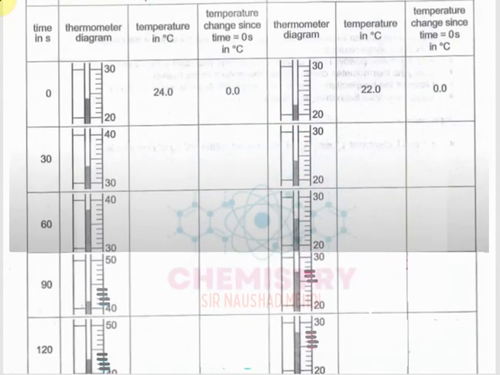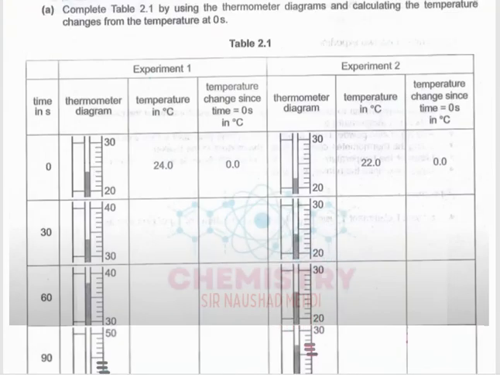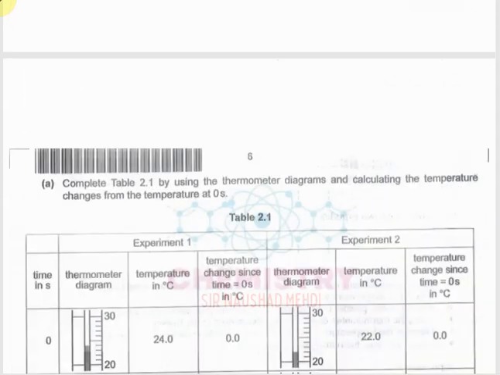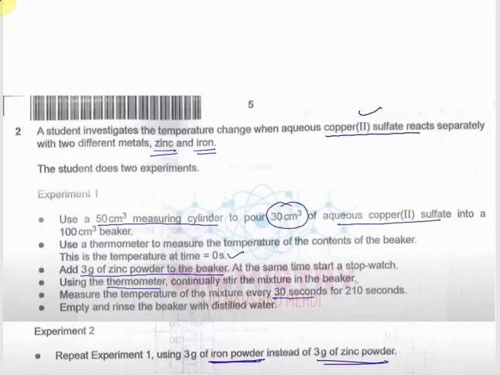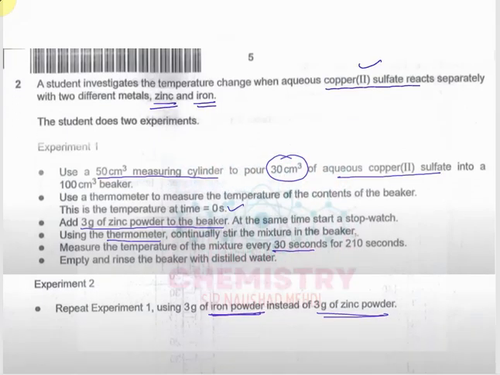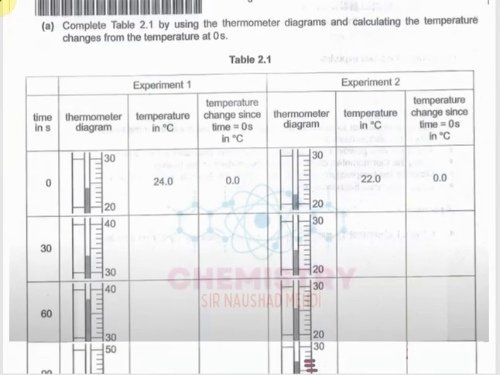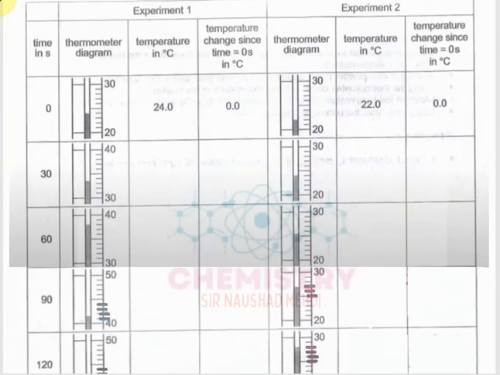So you have to complete this table by looking at all these readings from the thermometer. First, look at the initial temperature. The temperature change at time 0 is 0. The initial temperature is 24 degrees centigrade, at which this reaction was started.